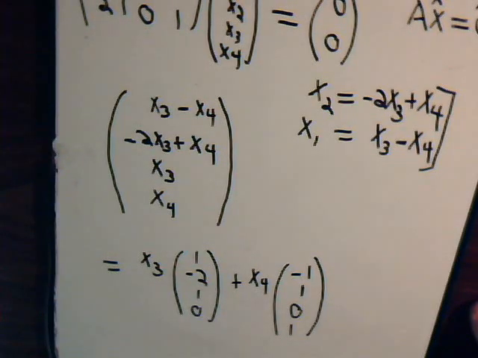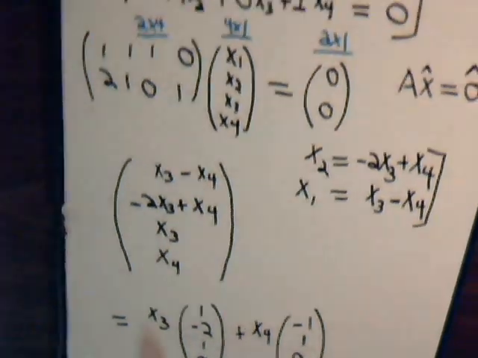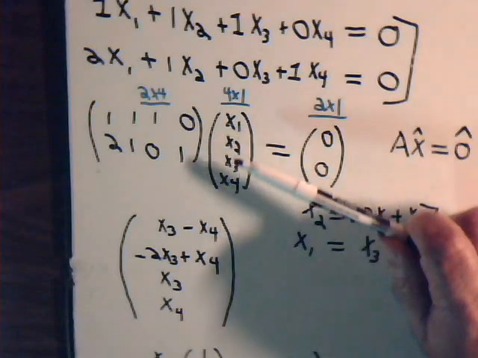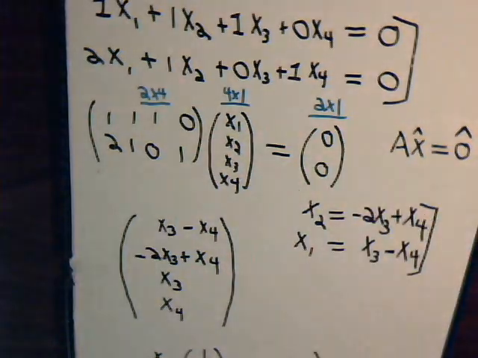So what that means is, pretend this is just 1 and this is just 1. This vector here with components 1, -2, 1, 0, if we put those numbers into here, you would get 0, 0.